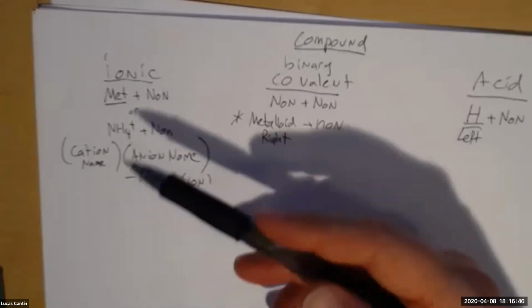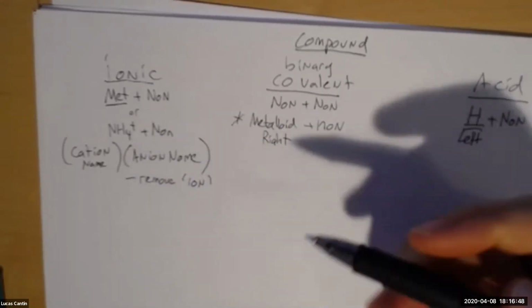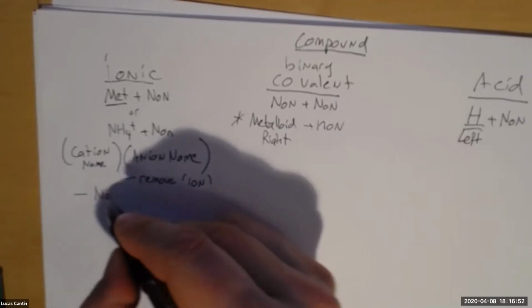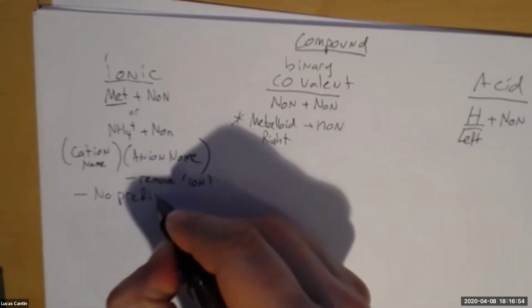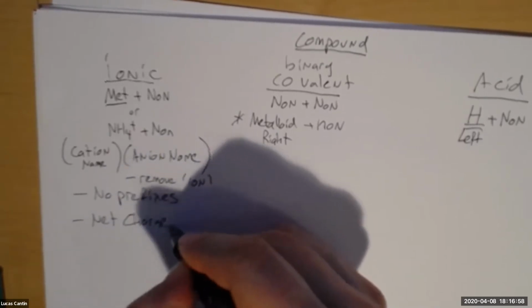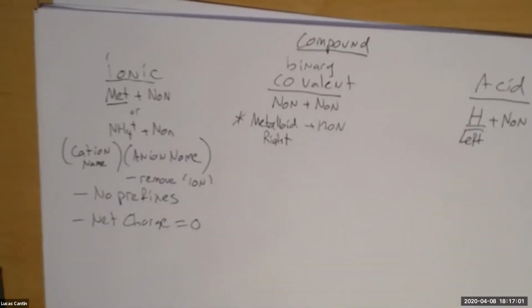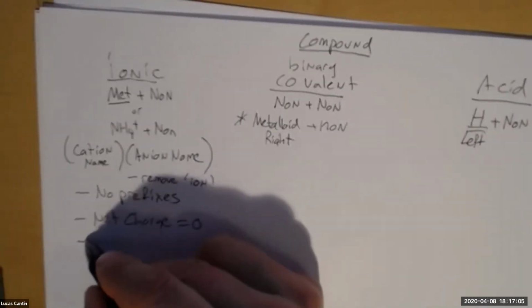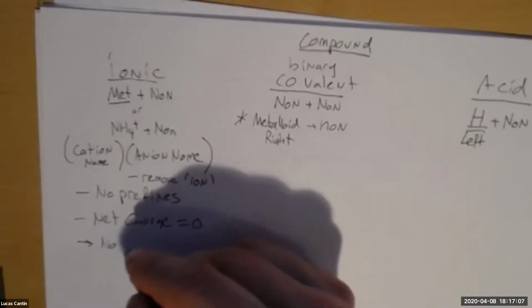So I could go back and we could do a whole lecture on this if we wanted to, but remember for ionic compounds, no prefixes. The net charge has to equal 0. And with the exception of probably the mercury 1 ion, you should have no common denominator.